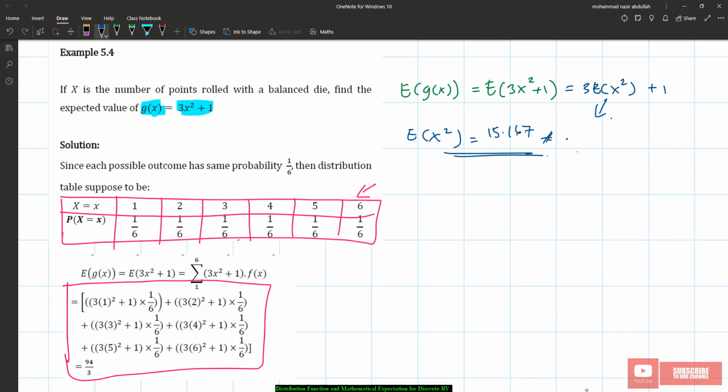So once you already have the value, just plug the value into the formula. So expected of 3x squared plus 1 is equal to 3 multiplied with 15.167 plus 1. Just multiply: 3 times 15.167 plus 1 is equal to 46.501.